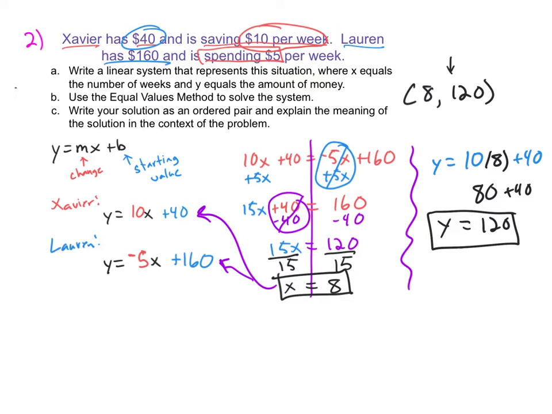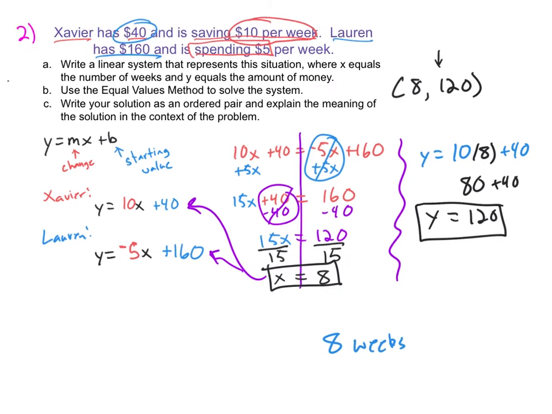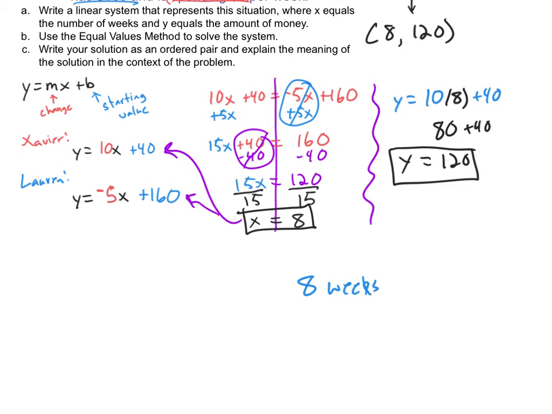So all we need to know is that at 8 weeks, both Xavier and Lauren have $120. So at 8 weeks, Xavier and Lauren both have $120.